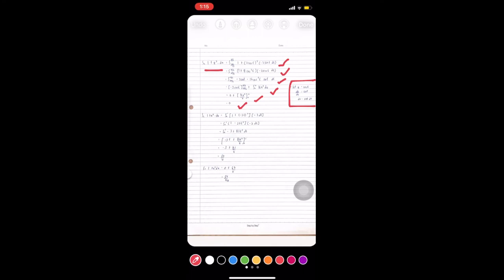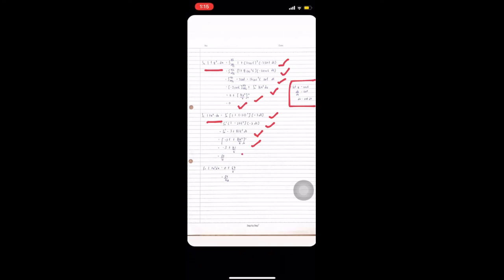For C2, we substitute the values of x and dx, and then we expand the equation. After we expand the equation, we do the integration part. And then we substitute the limits for the integration.